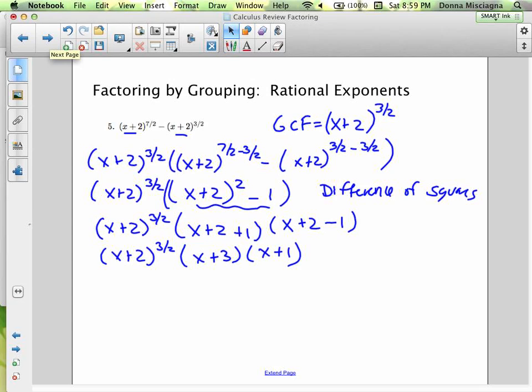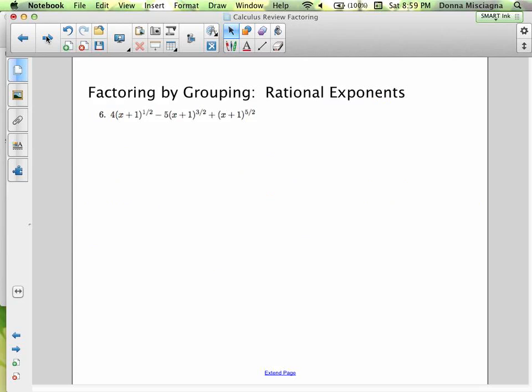Get to use some things from previous videos. All right, so here our greatest common factor is going to be the x plus 1 to the 1/2, because 1/2 is smaller than 3 halves or 5 halves.